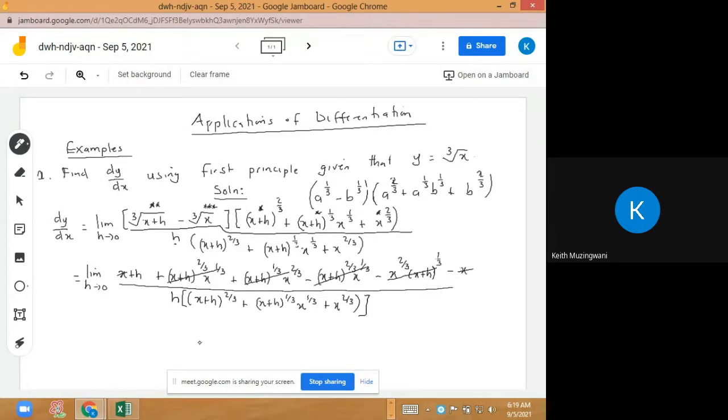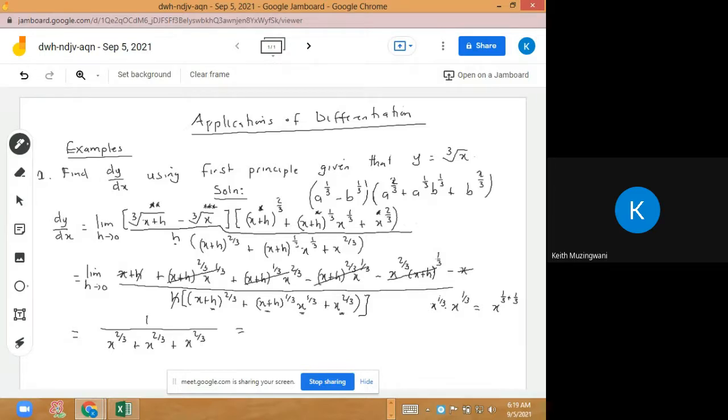And then we can see that this h and this h will cancel, so on top we have 1, and down where there is h here we bring 0, so we have x to the power 2 over 3 plus, here we'll just have x multiplied by this x, so we have x to the power 1 over 3 multiplied by x to the power 1 over 3, which is the same as adding the powers, giving us x to the power 2 over 3 plus, this is already x to the power 2 over 3.